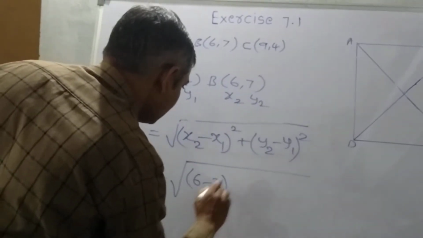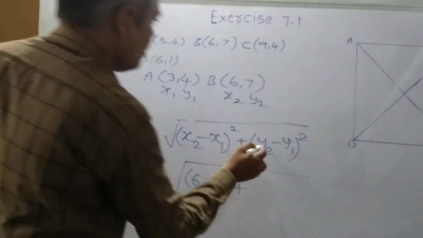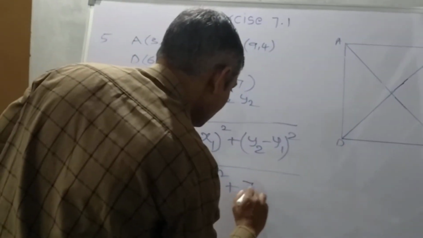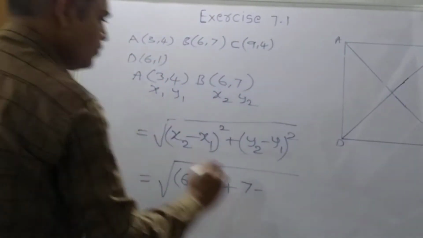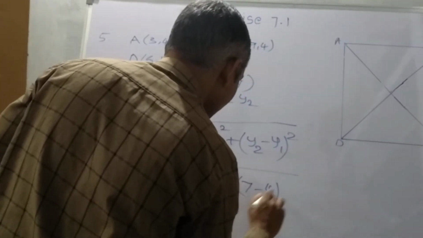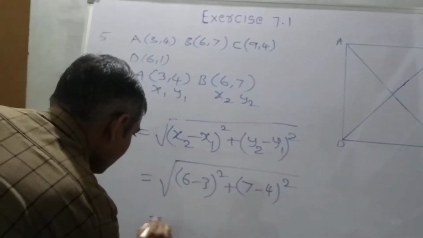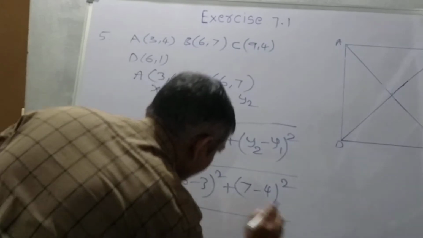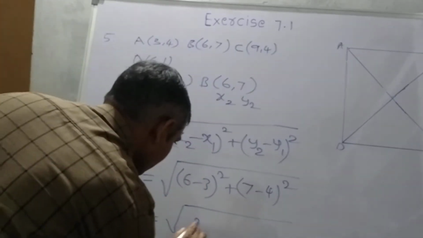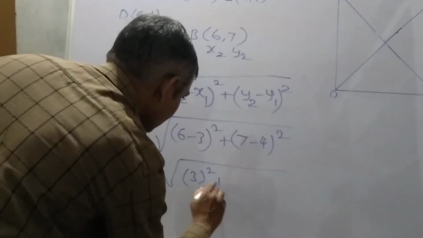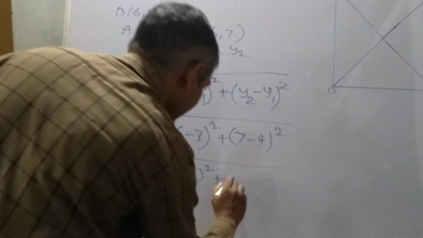So x2 minus x1 whole square plus y2, which is 7, minus y1, which is 4, whole square. 6 minus 3 is 3, and 7 minus 4 is also 3.